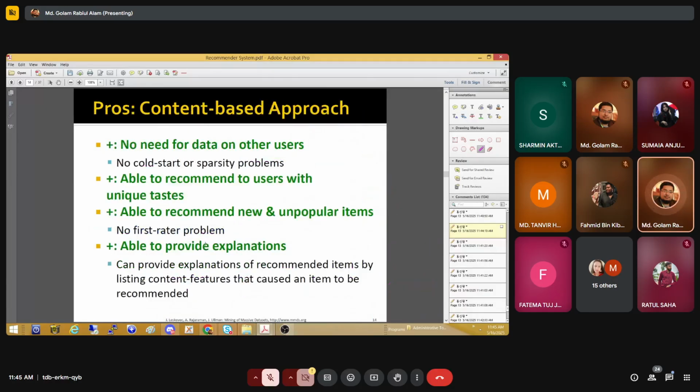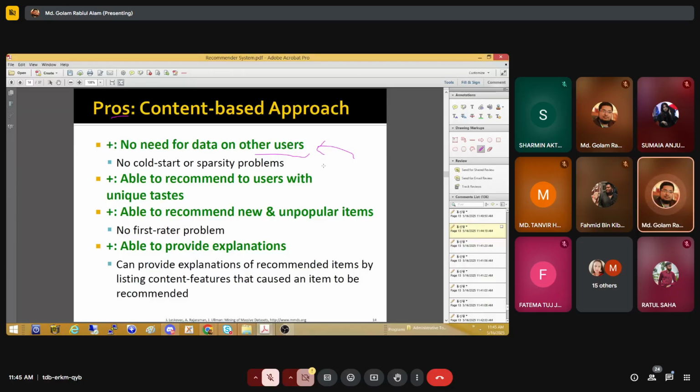And then, what are the pros and cons of our content-based approach? In the content-based approach, there is no need for data on other users, because what other users like or don't like, we don't consider in content-based recommendation systems.